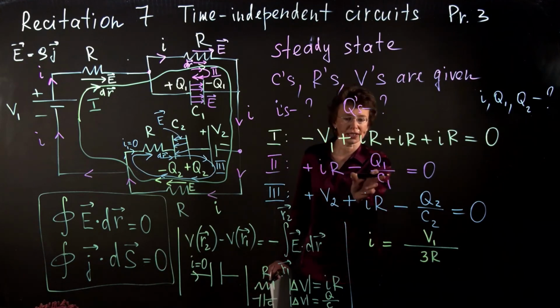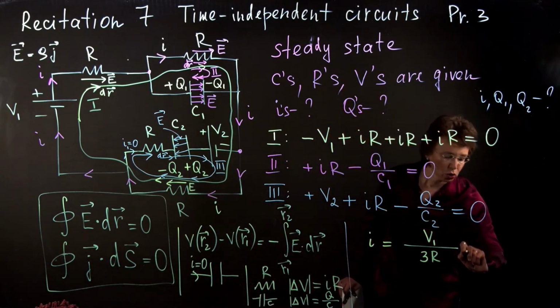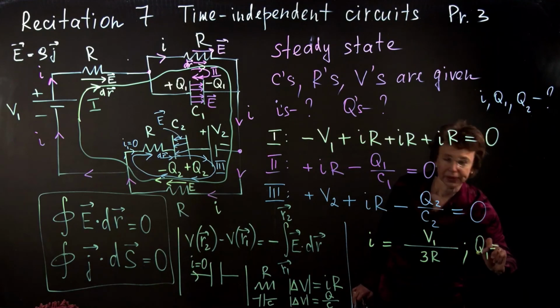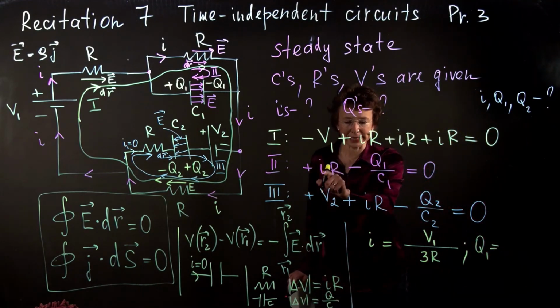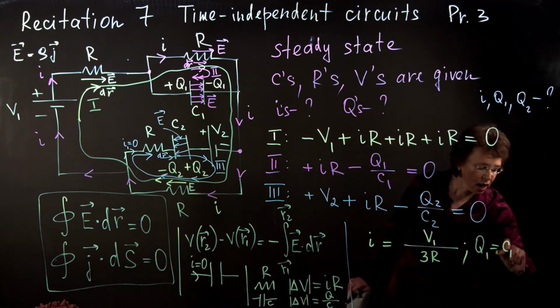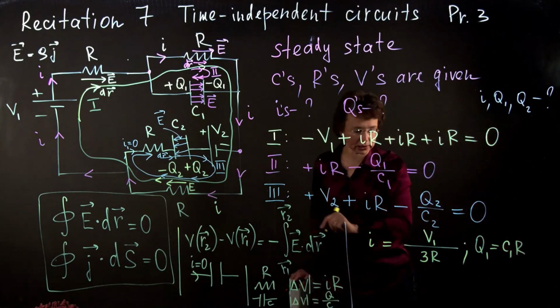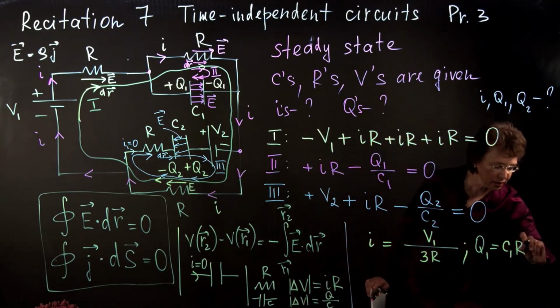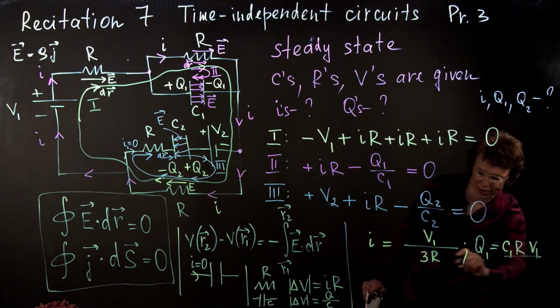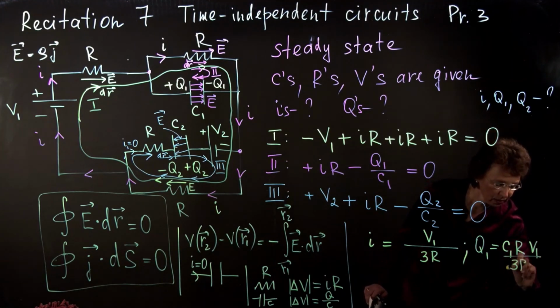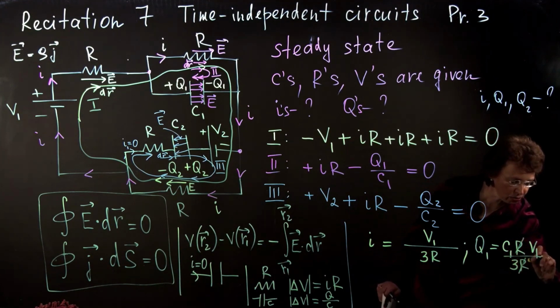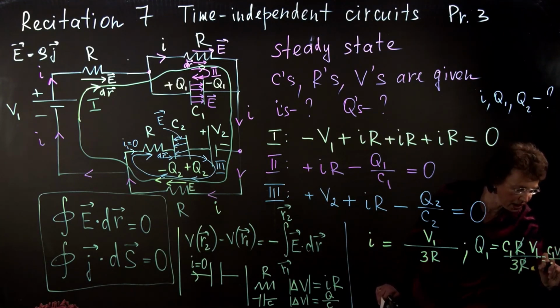I can solve second equation for Q1. What is Q1? Q1 is C1 R, and then current I. And current I is V1 divided by 3R. R and R cancel out, so I have C1 V1 divided by 3.